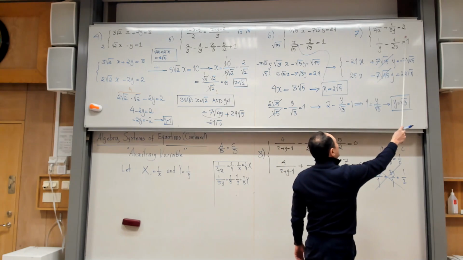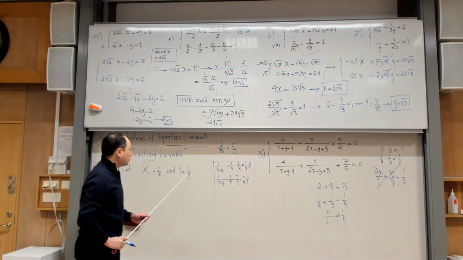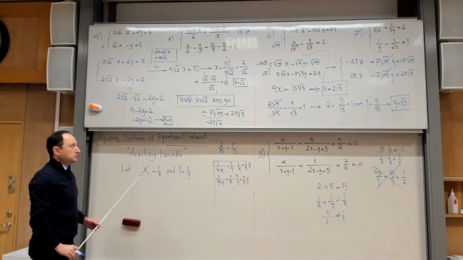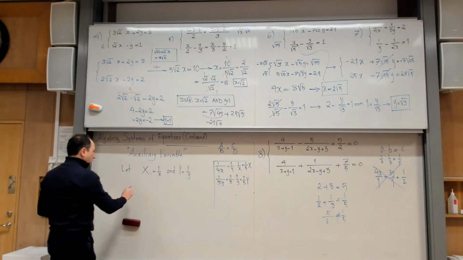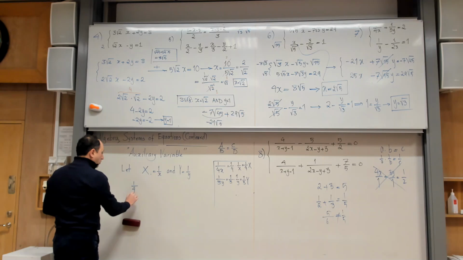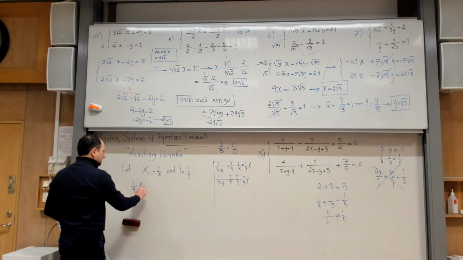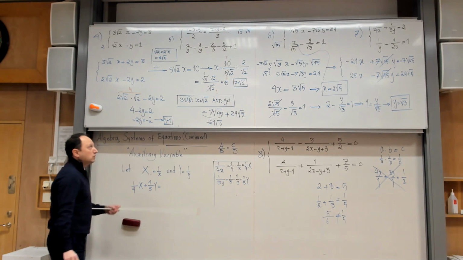Now let me rewrite this system, but instead of my original variables, little x and little y, let me write them in terms of capital X and capital Y. So the first equation becomes 1/4 capital X plus 1/3 capital Y is equal to 2.